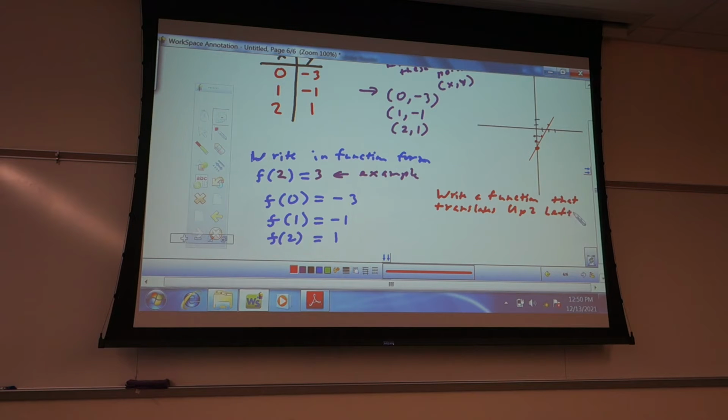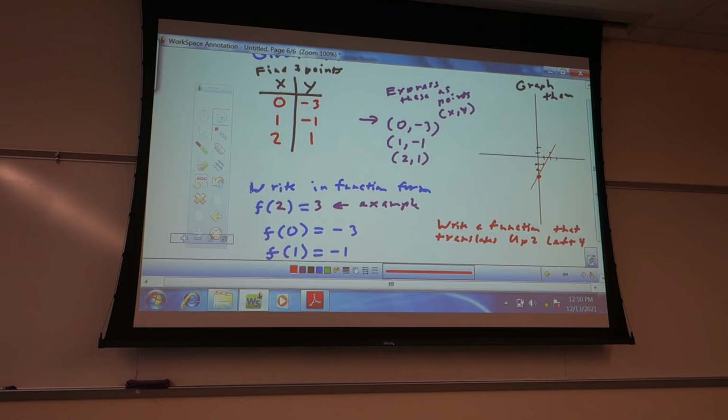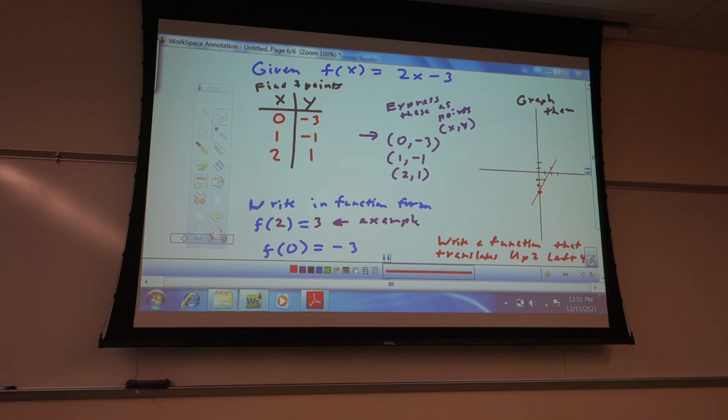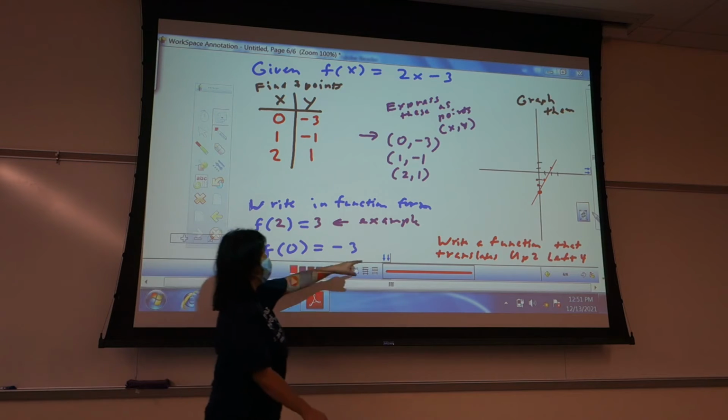So you have your function. Translate it, write a new function that translates it up 2 and left 4.